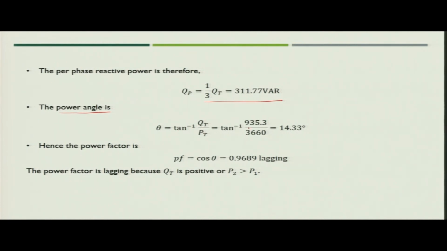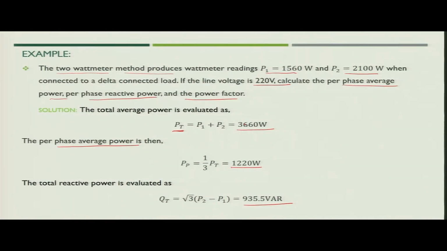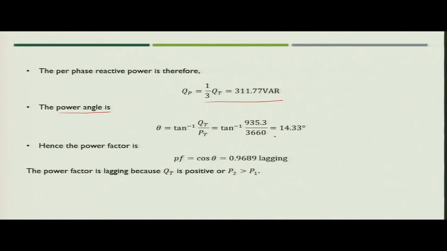QT you calculated as 935.3 and PT you calculated as 3660 watt. So, you just put the values and simplify, you get theta as 14.33 degree. So, power factor in this particular case will be 0.9689 lagging. Since P2 is greater than P1, it means that power factor is lagging.